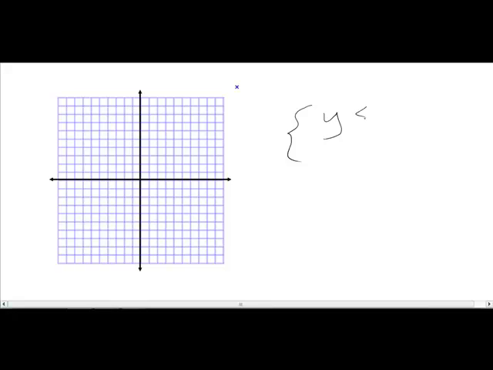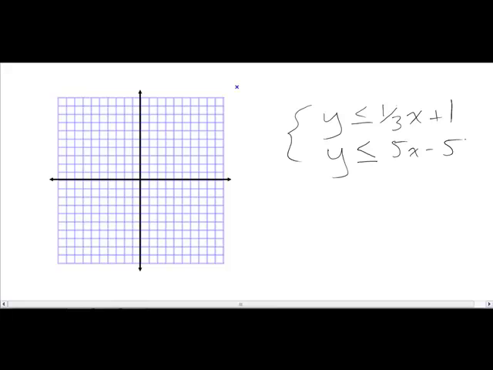Y is less than or equal to 1/3 x plus 1, and then y is less than or equal to 5x minus 5. There's my two lines.